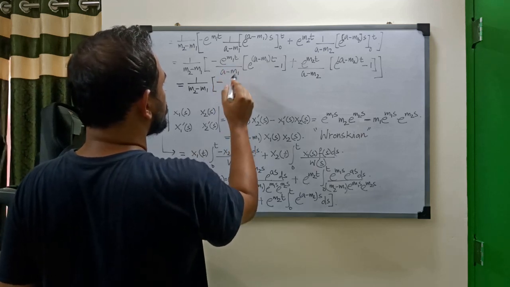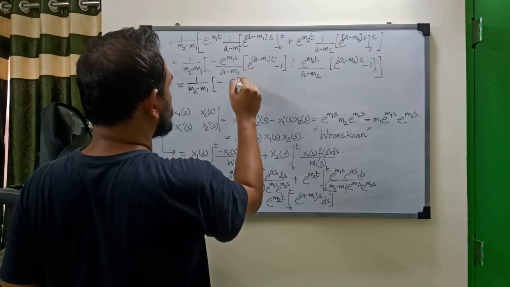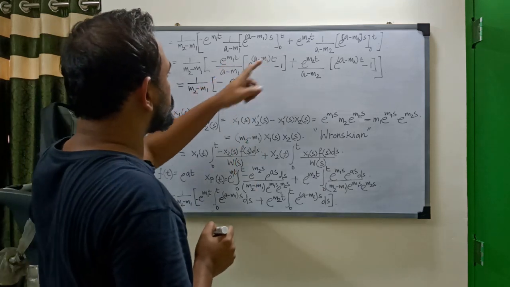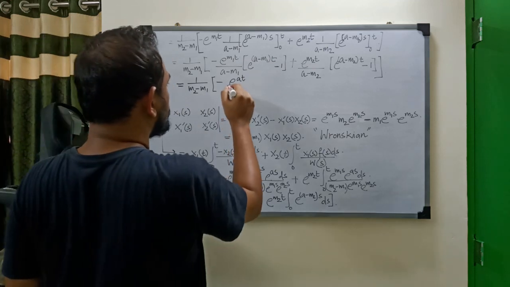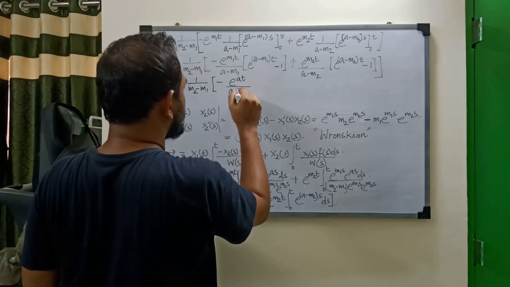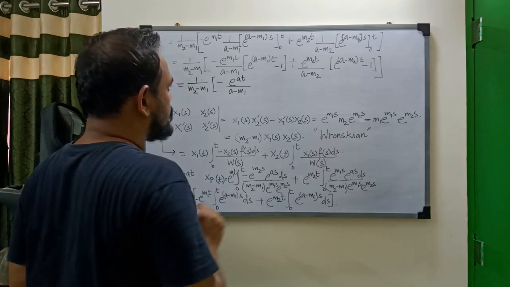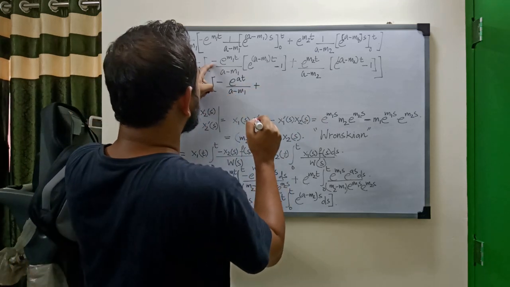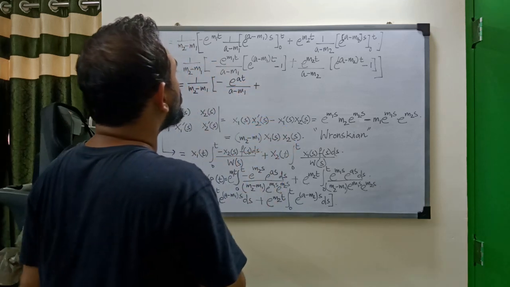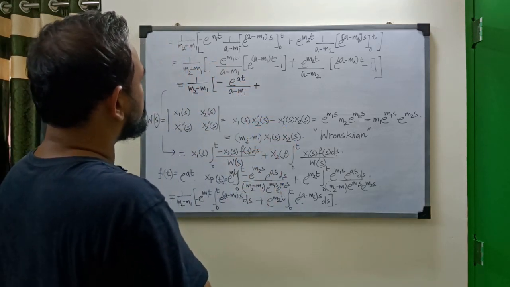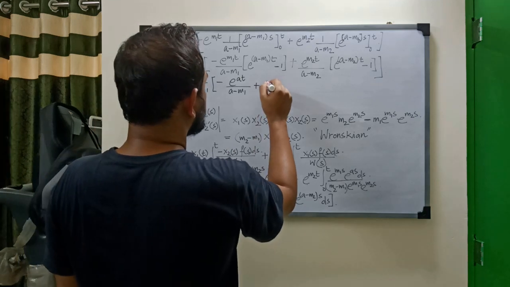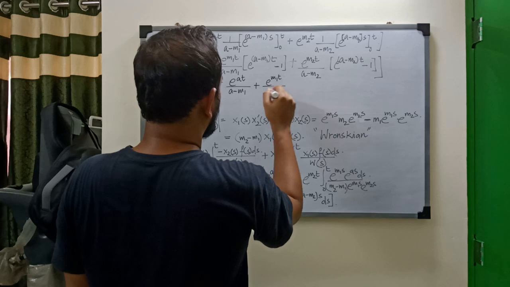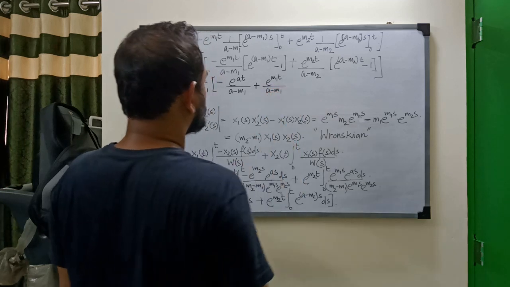This multiplies, so this is going to be e to the at over a minus m1, minus e to the m1t over a minus m1.